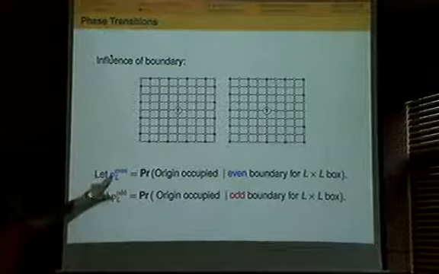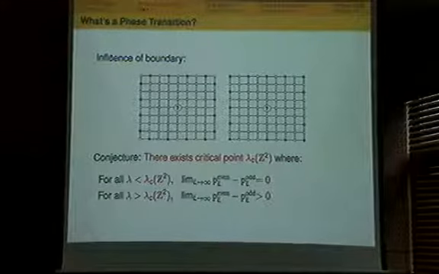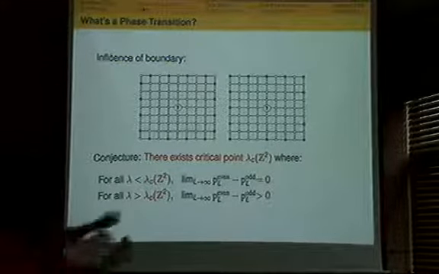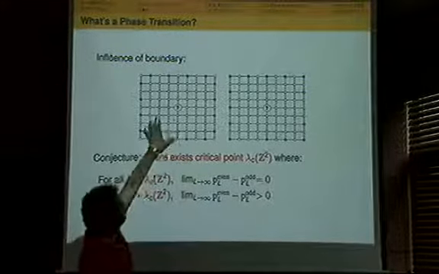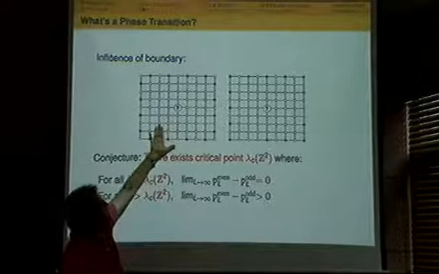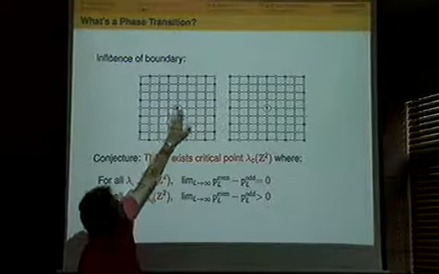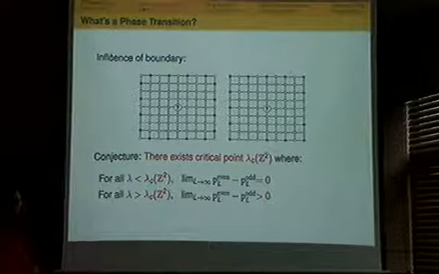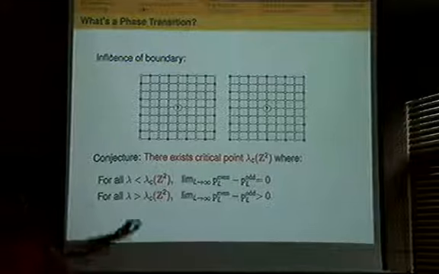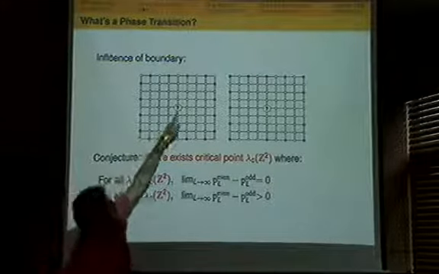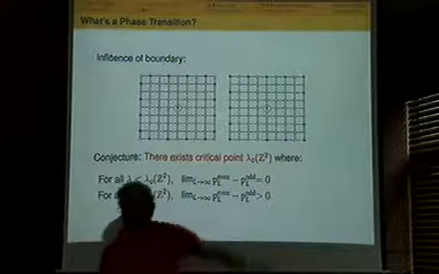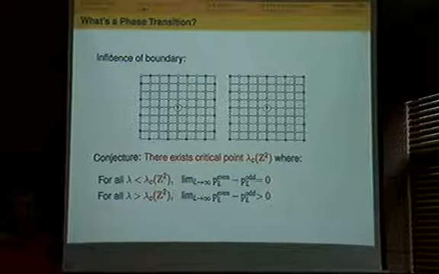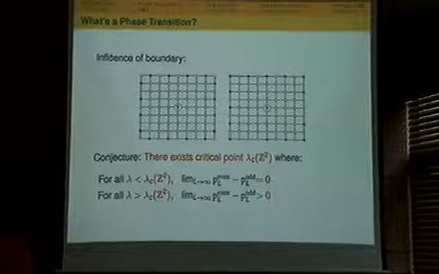So I want to look at these two, and then what I want to ask is, suppose I take the finite boxes, then there is some difference between the marginal here and the marginal here, okay? But I want to ask, if I take the limit and then I look at the difference in the marginal at the origin, does that difference persist or does it die off?